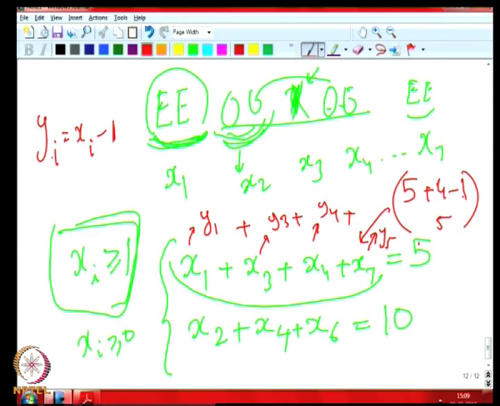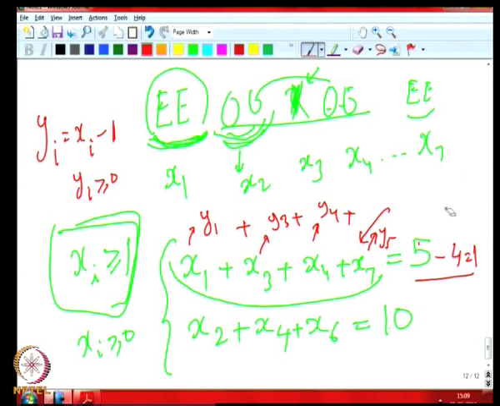So, yi is xi minus 1, it should be at least 0, that is all. When you add up these things, we also have to subtract from the other side, so 4 will be subtracted, and 5 minus 4 is equal to 1, right.